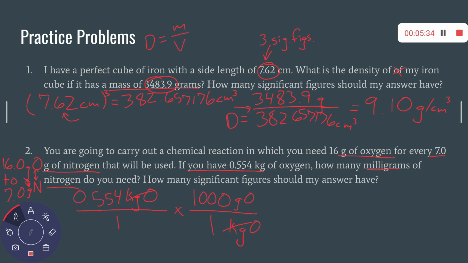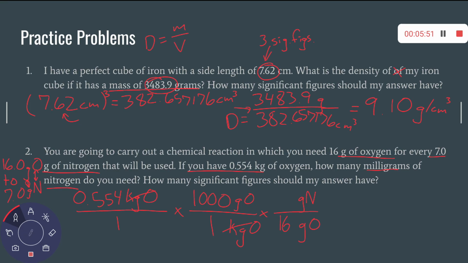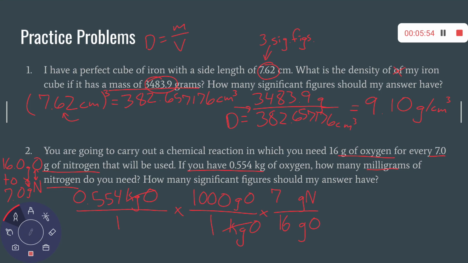So that gets me to grams of oxygen. Now I'm going to convert between my substances. I want to get rid of grams of oxygen and get into grams of nitrogen. How many in each? I go back to my problem. It tells me for every 16 grams of oxygen, I get 7.0 grams of nitrogen.